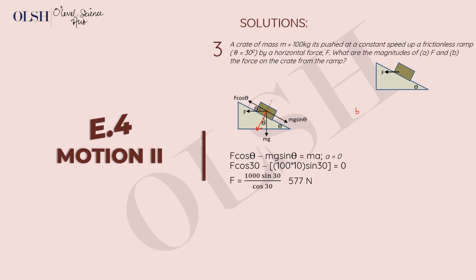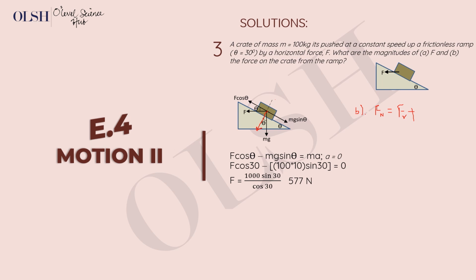So for B, what we're going to have is our normal force, F normal, equal to the vertical component of our force F, plus the vertical component of our weight. I just use FV to represent the vertical component of force F, while FW represents the vertical component of the weight.